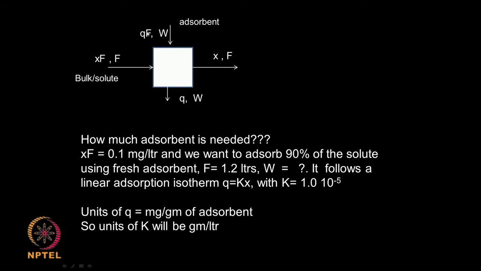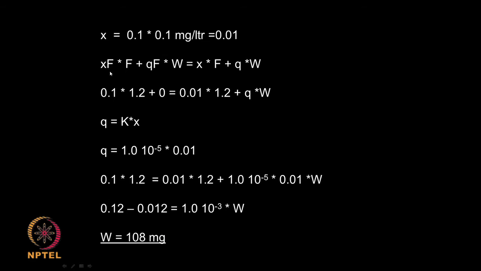So, I take the mass balance equation, and I know the XF. 10% of XF will be what is going out, X. The mass balance equation is XF into F plus QF into W equal to X into F plus Q into W. QF is 0 because I am using fresh adsorbent. So, XF is the feed, that is 0.1, F is my feed quantity 1.2, and with 90% adsorbed, the remaining 10% is what is coming out, here 0.01.